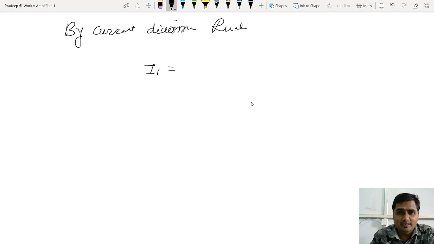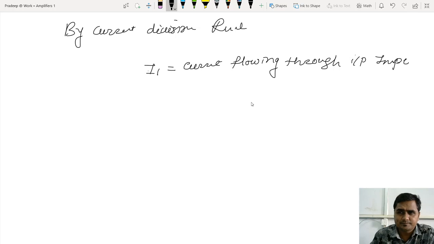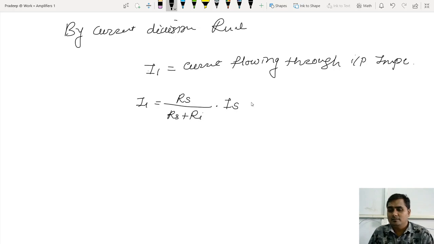What is that I1? I1 is the current flowing through the input impedance. So what is the equation for I1? I1 will be the opposite resistance divided by the total resistance, multiplied by the value of the complete current source, that is IS.